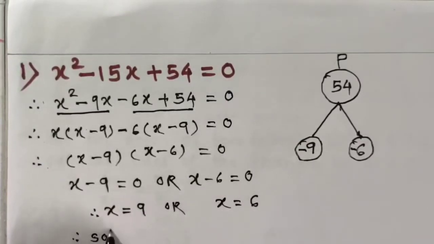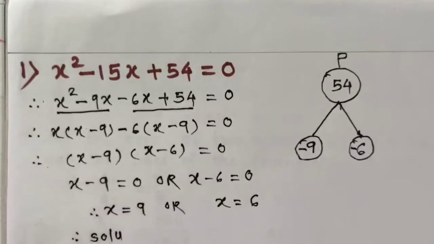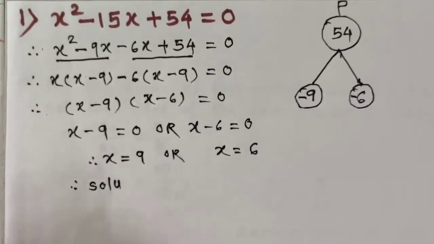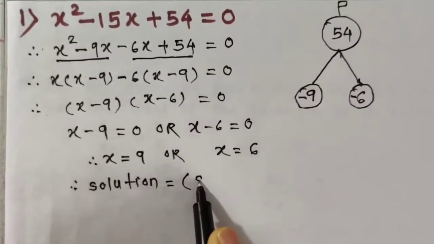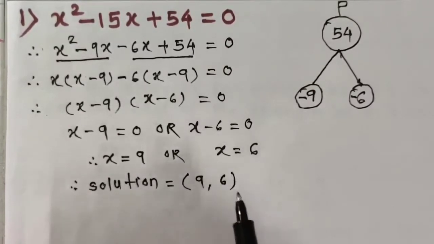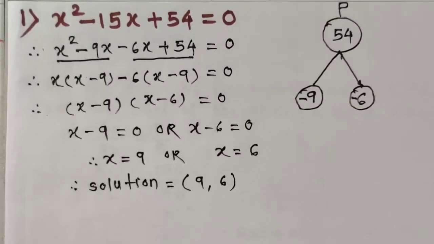Therefore, the solution of this equation is 9, 6. Here we can write any value first and second because both are values of x. In the first chapter it is different, x and y. That's why we have to write the first value of x and second value of y.